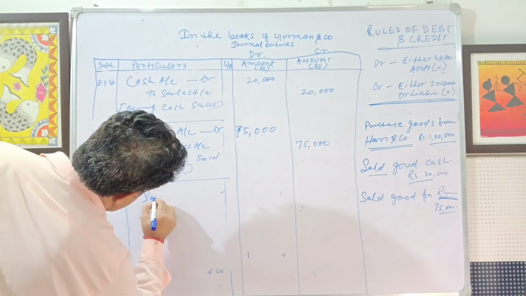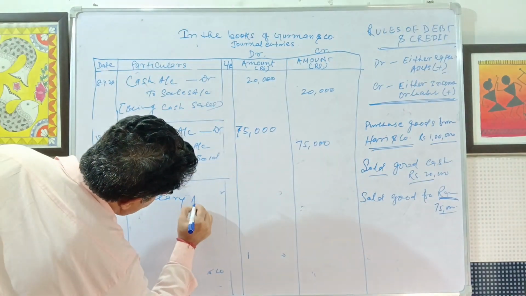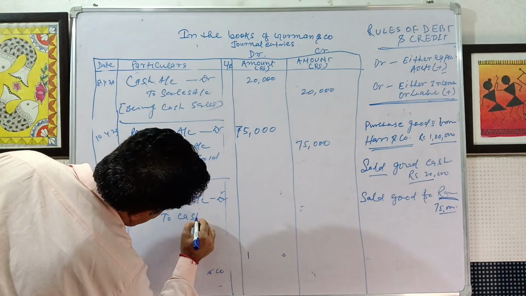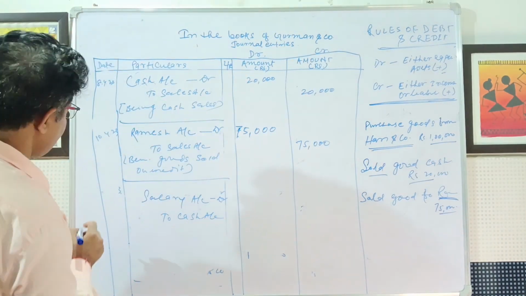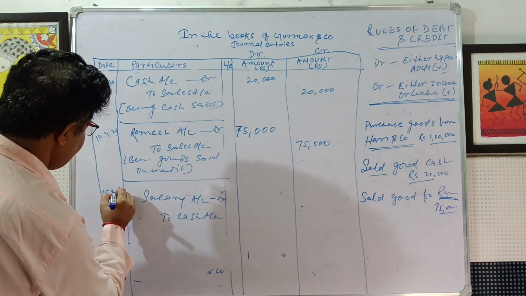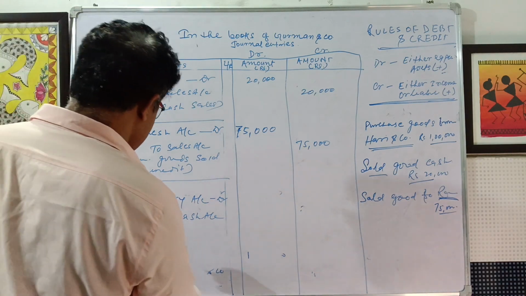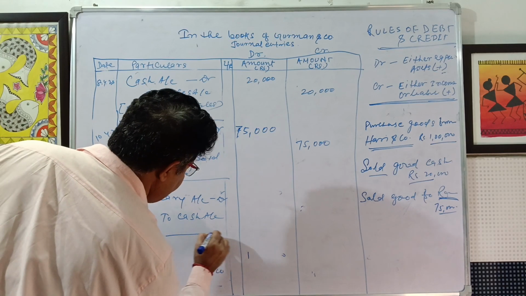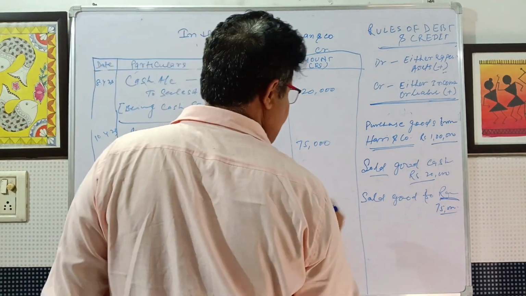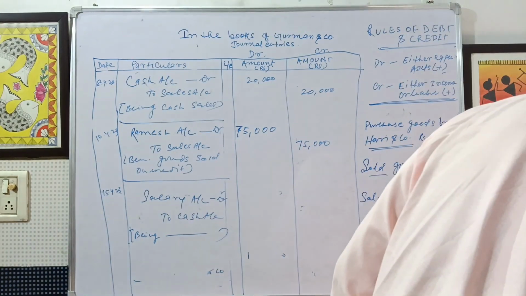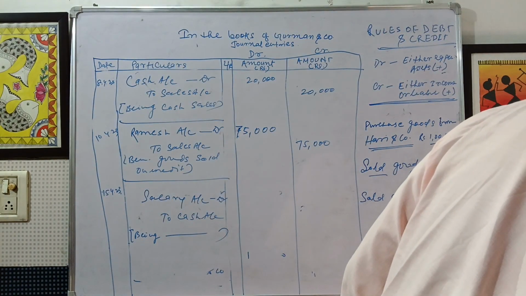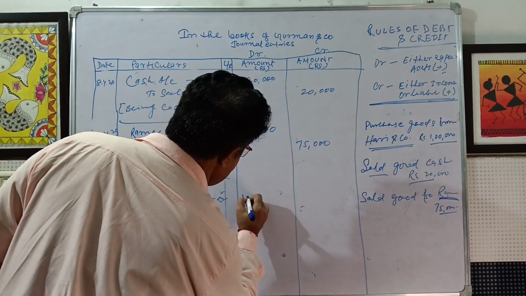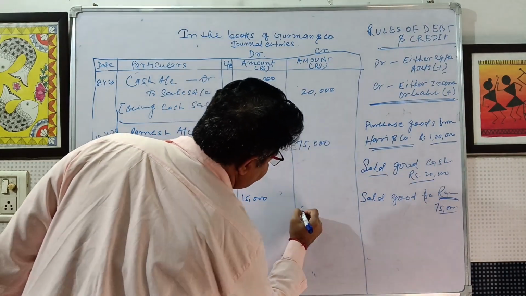So salary account debit to cash account. Being salary paid, narration. How much? 15,000.